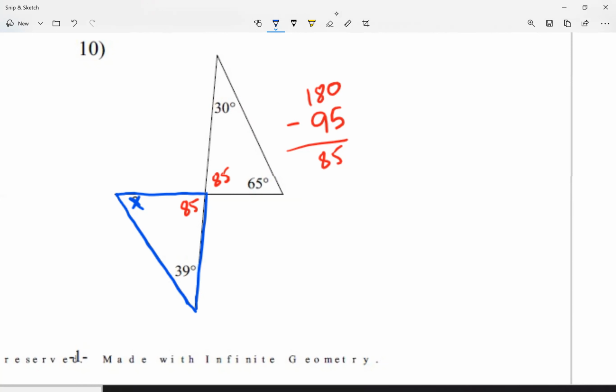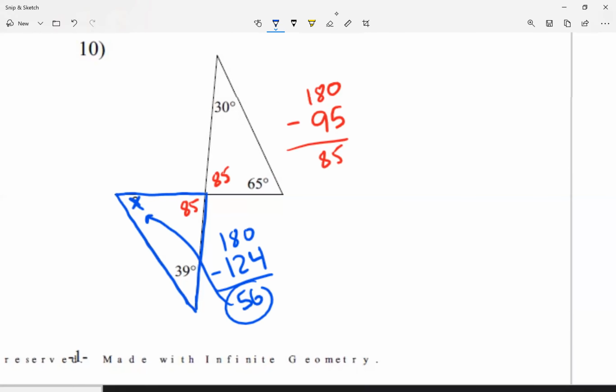I know 85 plus 39 is 124. Let me subtract this from 180. 180 minus 124 is 56. So X equals 56. Pretty cool, huh?